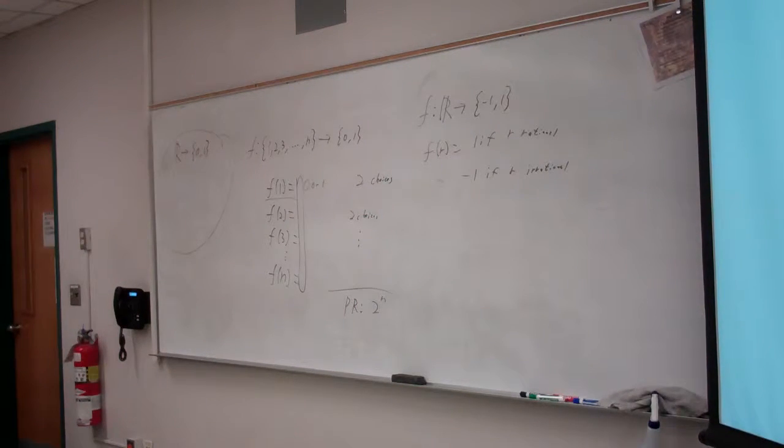I'm thinking it's like 2 to the cardinality of R, which is going to have larger cardinality, because that's the cardinality of the power set of R. And I think we've said, but we definitely haven't proven, the cardinality of a power set is always bigger than the cardinality of the set. Double check that, but I'm pretty sure. So Aleph 2 is no bigger than the power set of the reals.